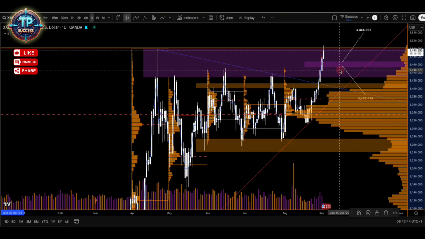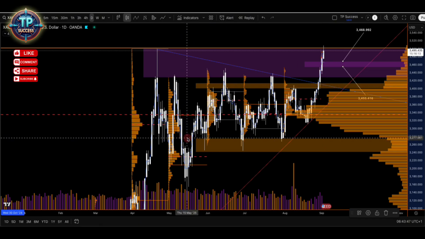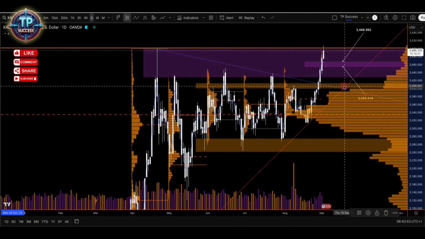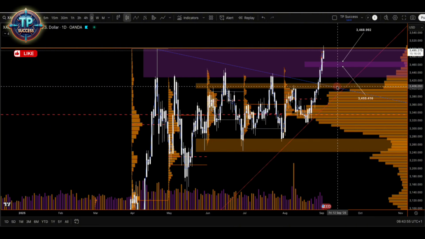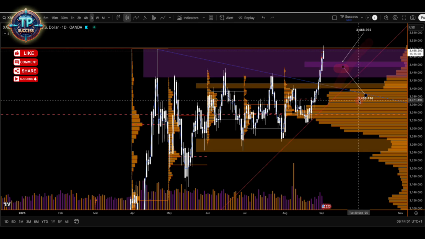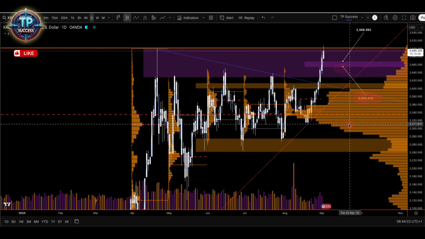So if price comes below that, then obviously we could say the ranging ain't over, right? And it could either come lower, or it could just come dead on into this zone right here and then blast off.